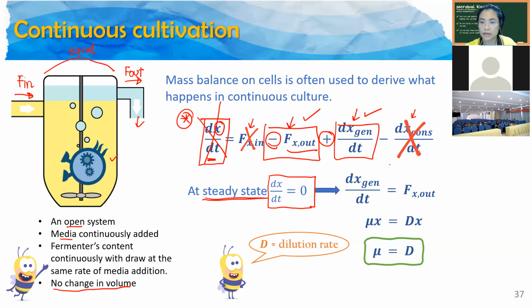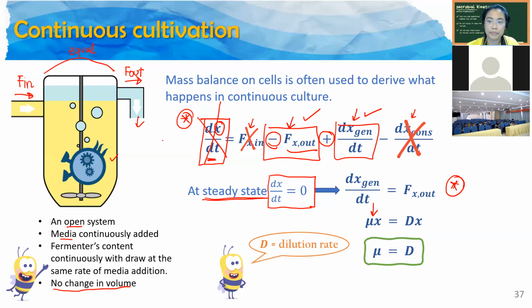And you equate and rearrange the equation, and this equation is what you get. And from our previous lecture, you know that dX/dt, the change in biomass which is being produced, equals mu X.